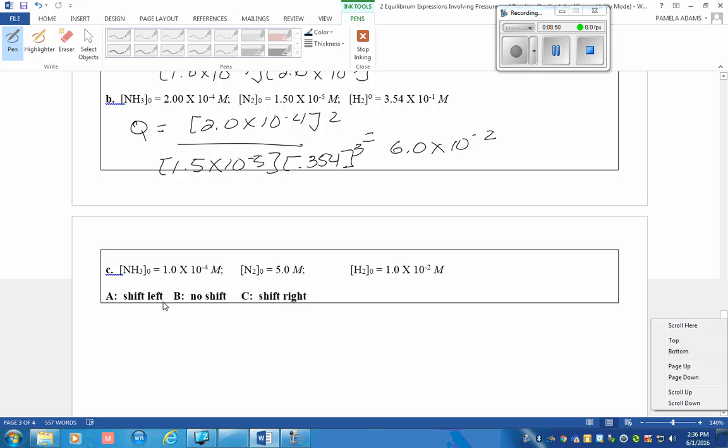If you do the math here, given the concentrations, Q is equal to 2 times 10 to the negative 3rd. So that means Q is smaller than K, so we need the forward reaction to predominate, to shift right, to make these equilibrium concentrations.